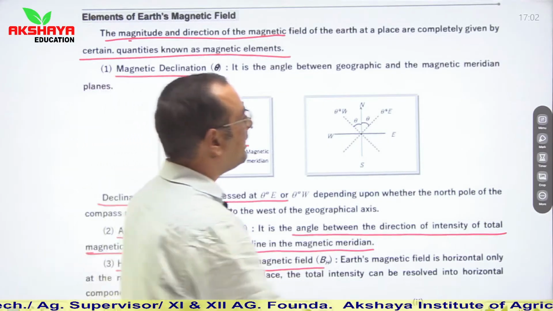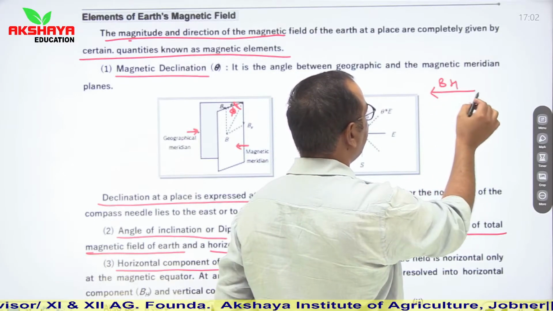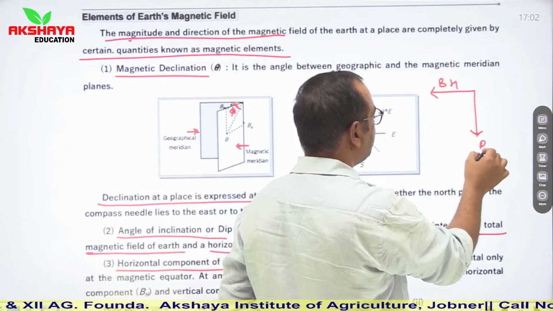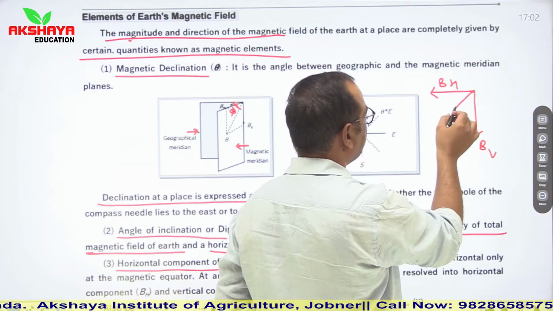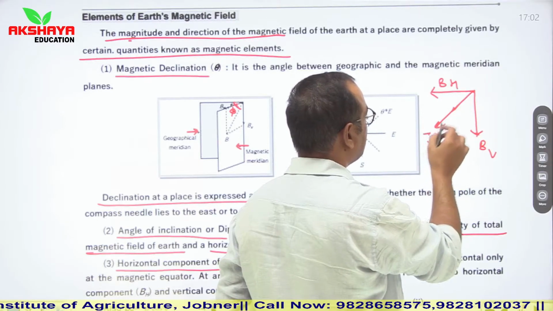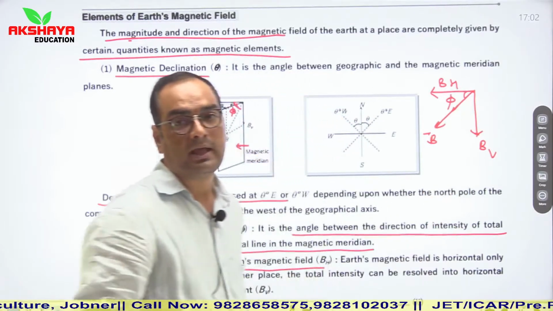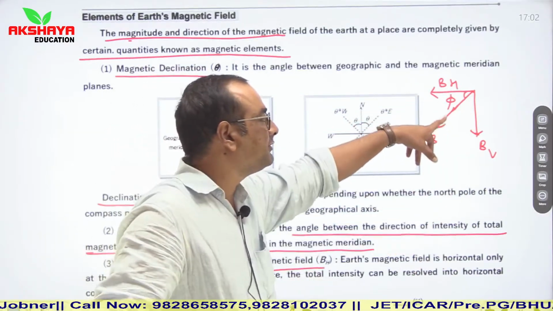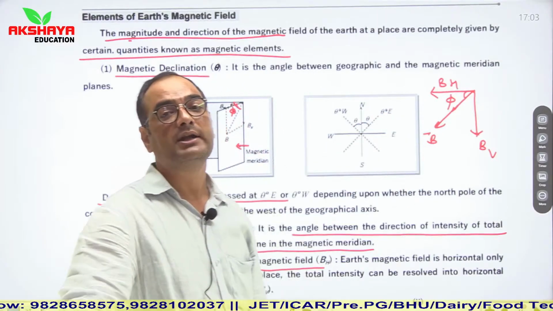Let us say this is the horizontal component of Earth's magnetic field, this is the vertical component in downward direction, and this is the resultant magnetic field B. So this angle is known as the angle of dip. We can say that the angle of dip is the angle between the net magnetic field and the horizontal component of Earth's magnetic field.